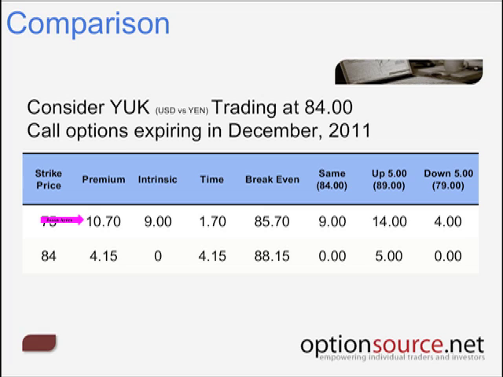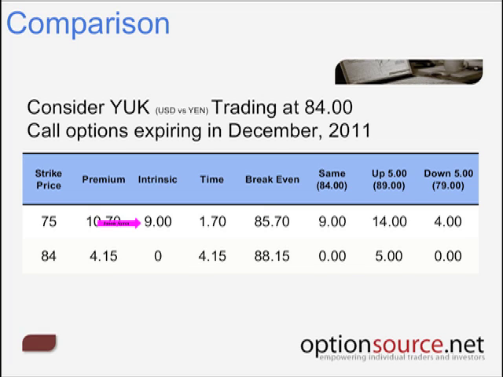Now, what I want to show here is that the premium that we're paying for the deep in the money option contract is definitely higher than the at the money option contract. So here we're putting up $10.70 for our in the money versus $4.15 for our at the money.